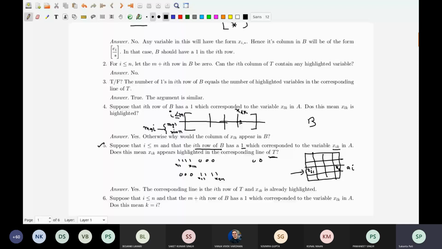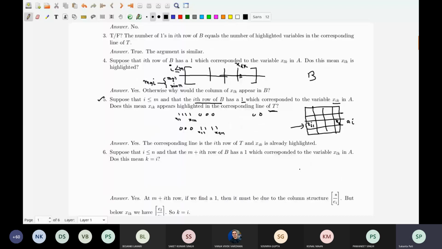Now suppose i is less than or equal to n and you are looking at the m plus ith row of B, from here, the m plus ith row. To which line does it correspond in T?